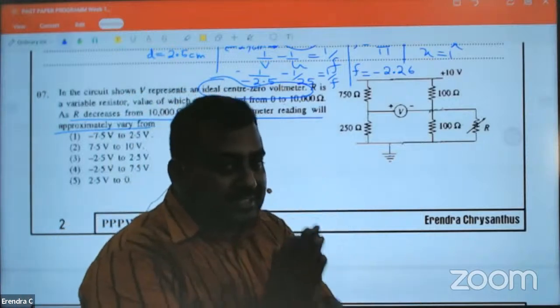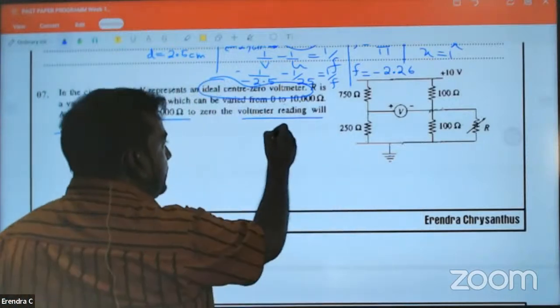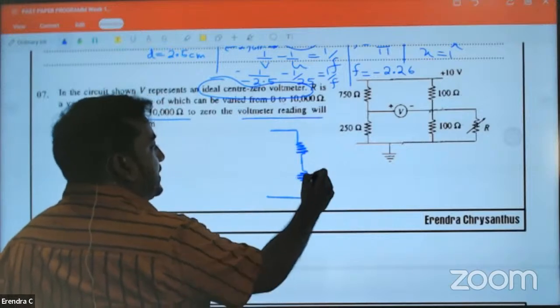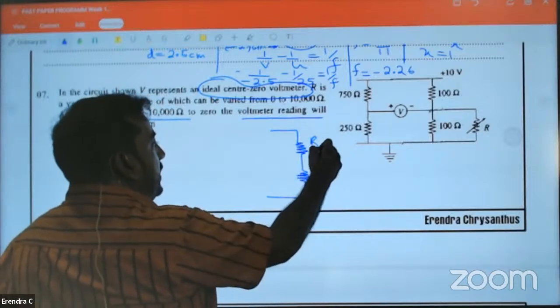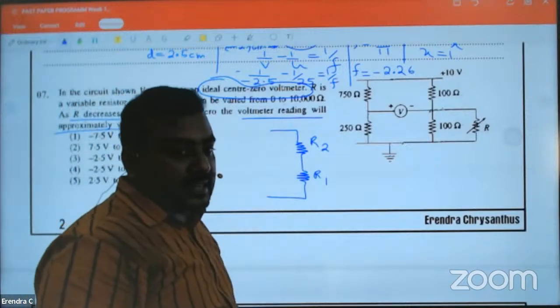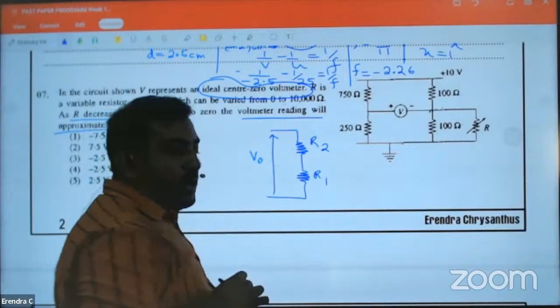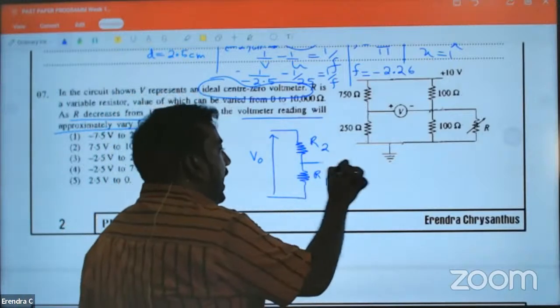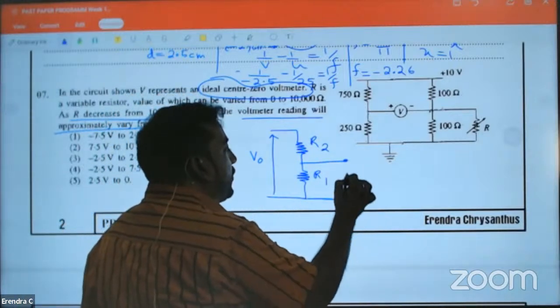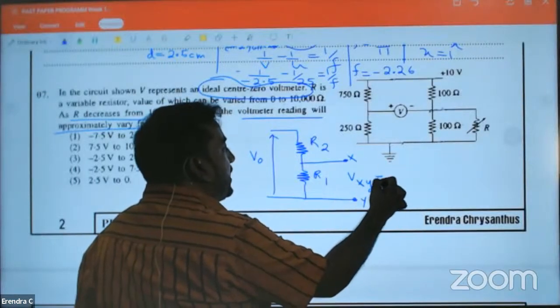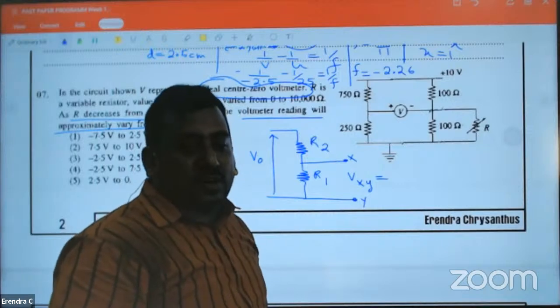Yesterday's work, small reminder. If there are two resistors like this, and the voltage here is V0, I taught you all a small shortcut to find the voltage here. What's the shortcut?